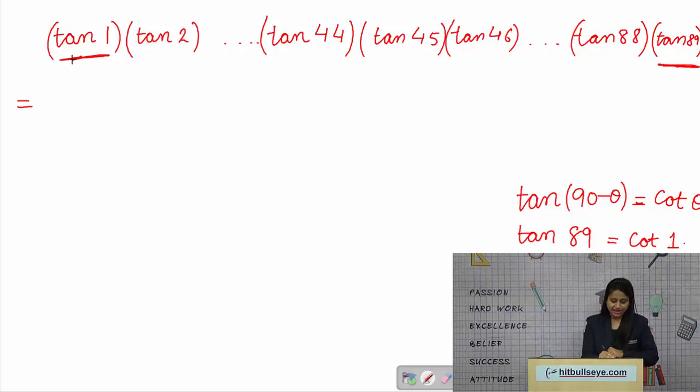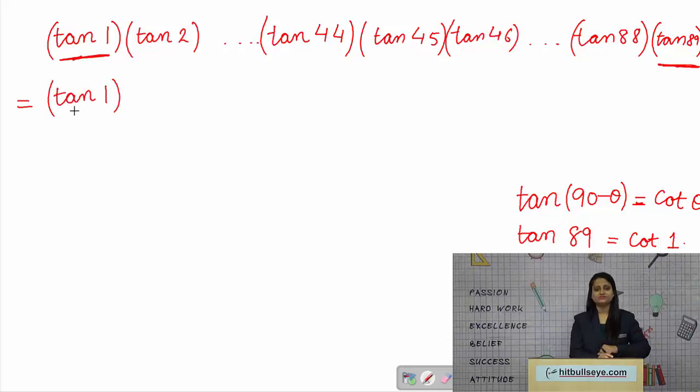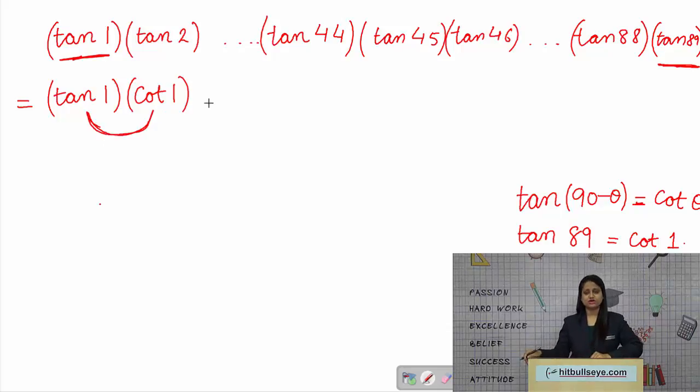So tan 1 is clubbed with the last term, which was tan 89, which we can write as cot 1. So they will be cancelled. Why? Because cot is the reciprocal of tan. So with the first term, the last term is cancelled.